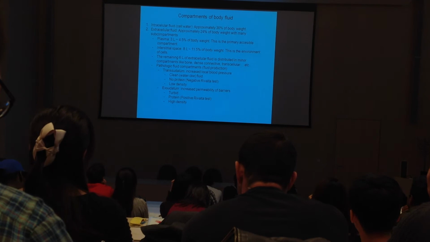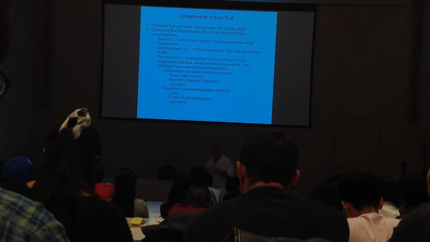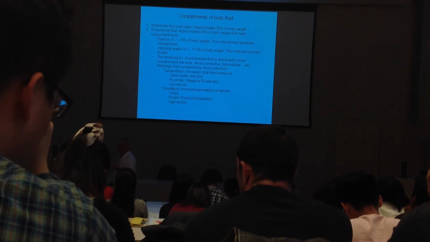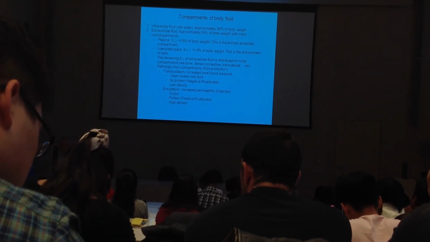The remaining 6 liters of the extracellular fluid that we have is subcompartmentalized into small fragments, small volumes, like the vitreous fluid in the eye or the fluid in the joints, which altogether are less than 1 liter.